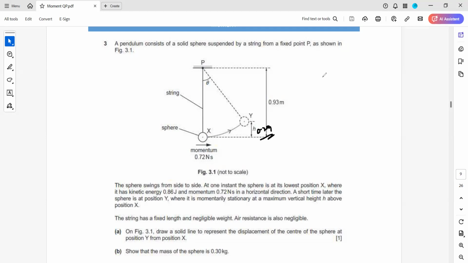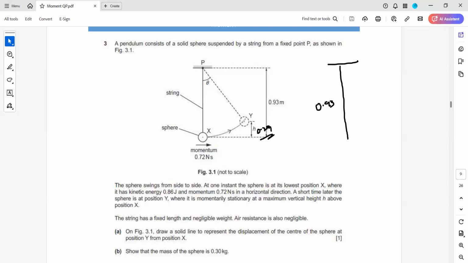What we need, we'll just make a right angle triangle, as we need this theta. This was 0.93. And what is the new position?